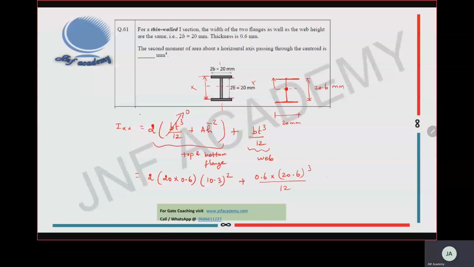Now we will simplify this. 29.8325 mm power 4. Okay, the value is coming like this. Now we will move to the next question.